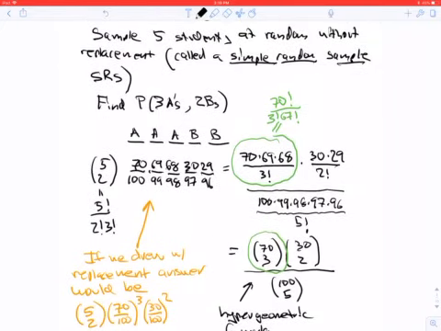Our sample space is a 5-tuple, you can think of it, or an ordering of 5 things. So what does 100, 99, 98, 97, 96 mean? There's 100 ways that I could choose the first student, 99 ways I could choose the second student, and so on. That's what your sample space is.